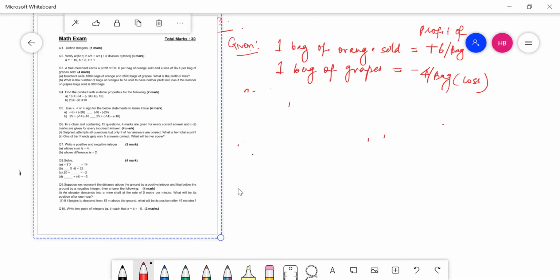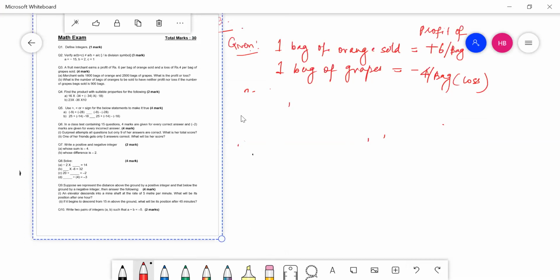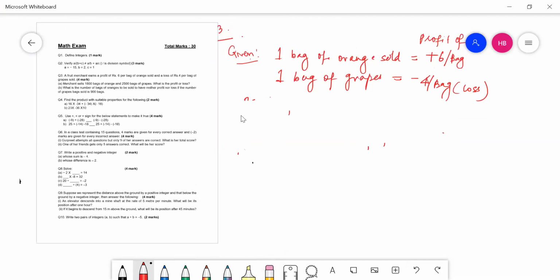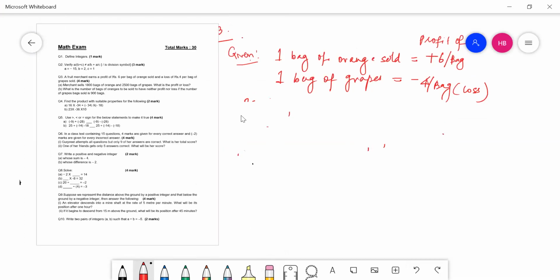Yes. So the B part given is, what is the number of bags of oranges to be sold to have neither profit nor loss if the number of grapes bags sold is 900 bags.